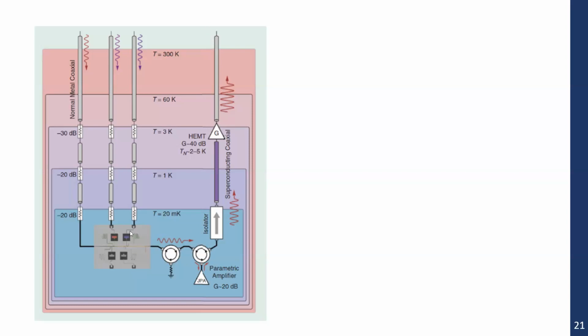And then we need to read out the state that we get after executing the quantum algorithm, right? And here we cannot use the attenuators to prevent the room temperature noise going down to the circuitry, because the signal itself is very, very weak.